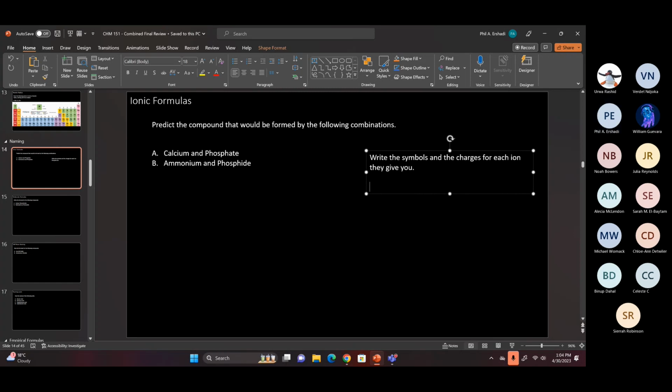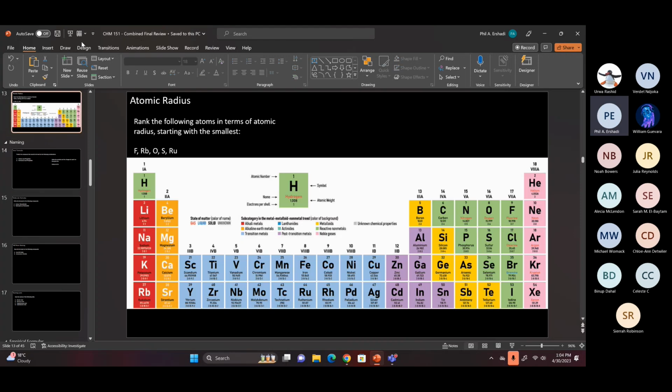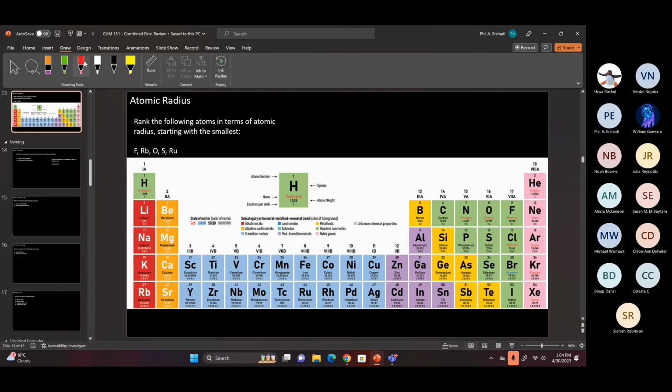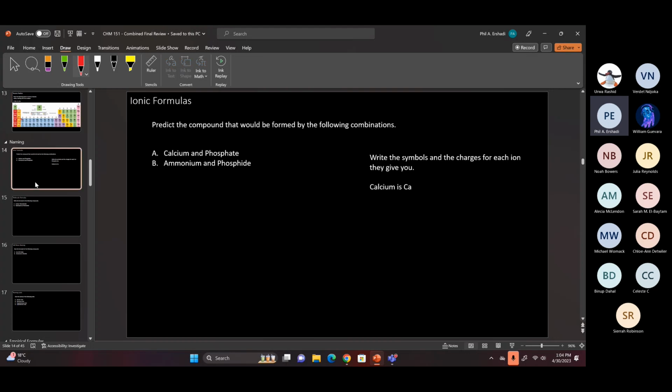So we know calcium is Ca. And to figure out its charge, we go to the periodic table. So we come over here and we locate Ca. That is in the second column, group 2A.